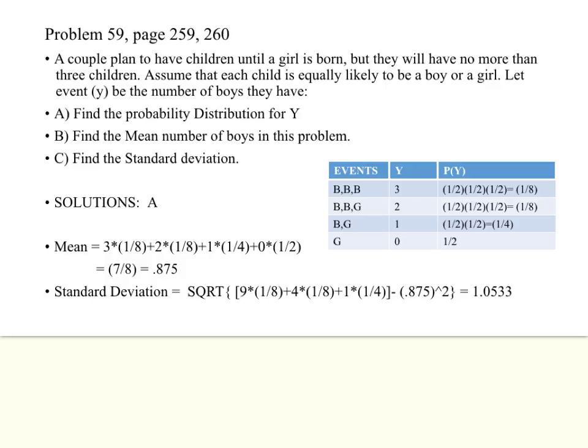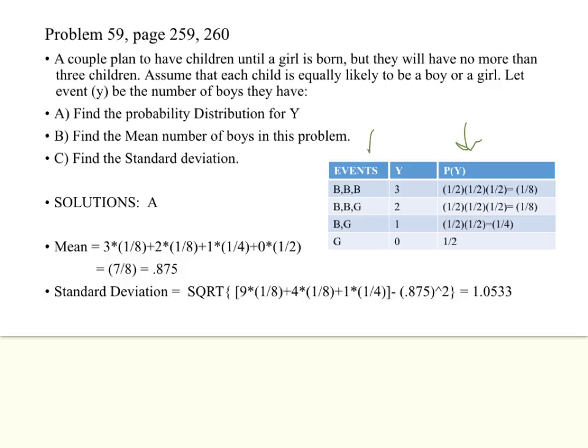Assume that each child is equally likely to be a boy or a girl. Let the event y be the number of boys they have. Find the probability distribution for y. Find the mean number of boys in this problem. Find the standard deviation.